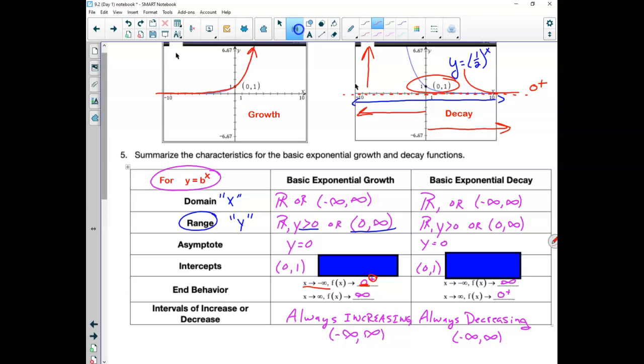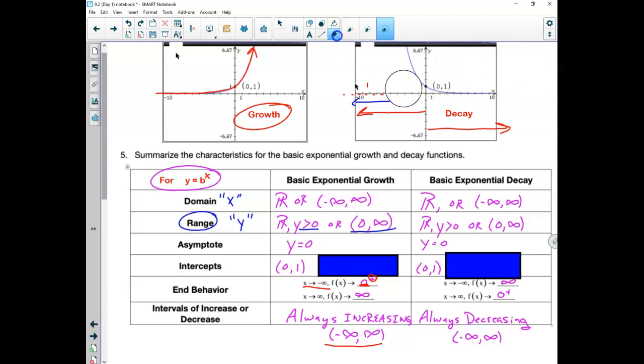It grew really slow, and then bang, it shot up really fast. But a growth function is always increasing from negative infinity to infinity, and a decay function, from left to right, is always decreasing because it's coming down. Even the further out I get here, it's just making really small trips closer to the x-axis, okay?